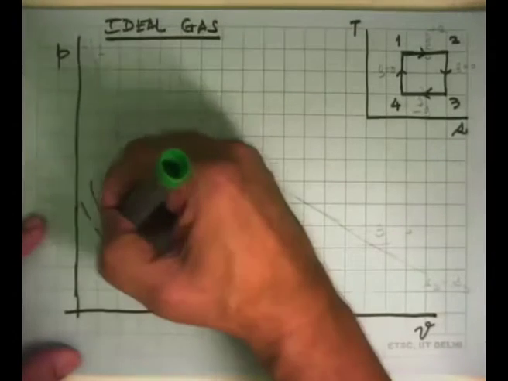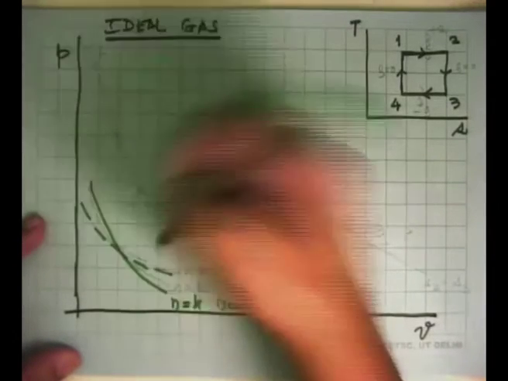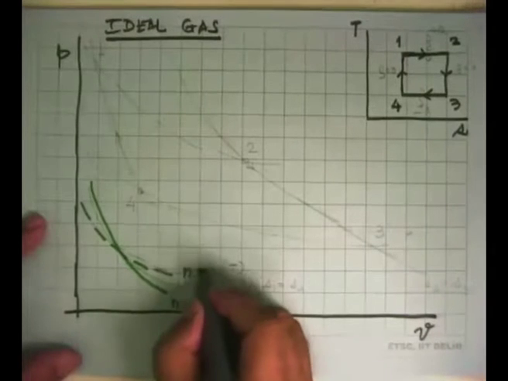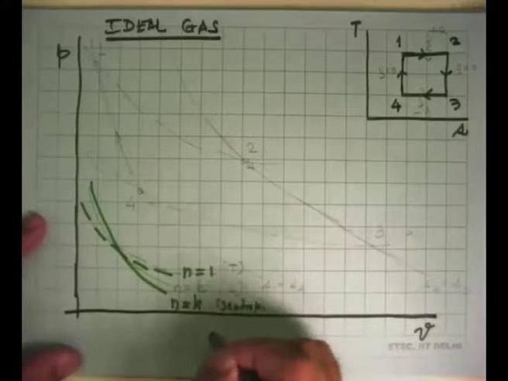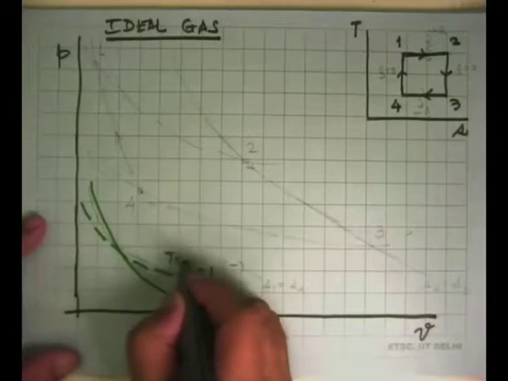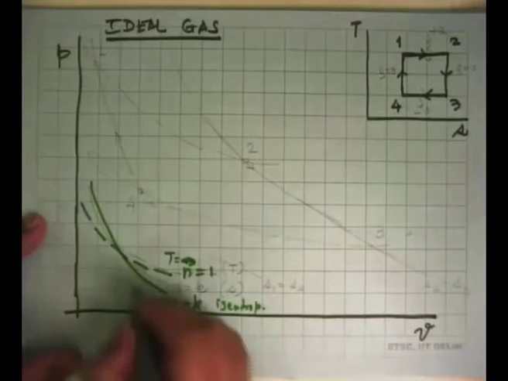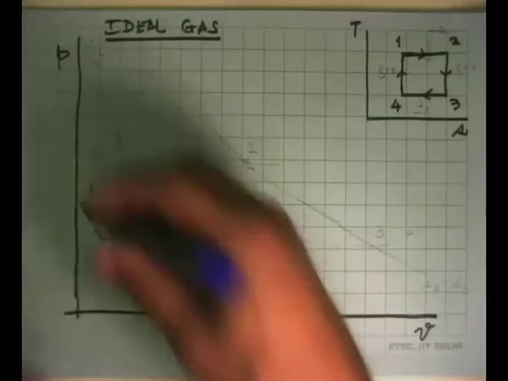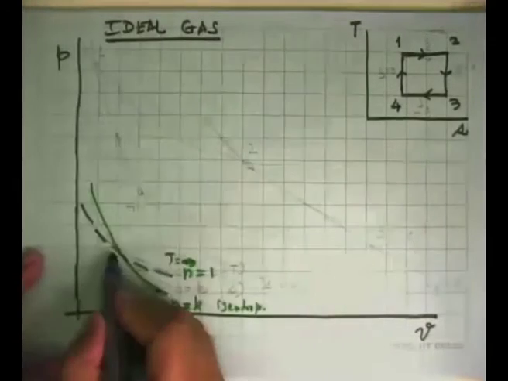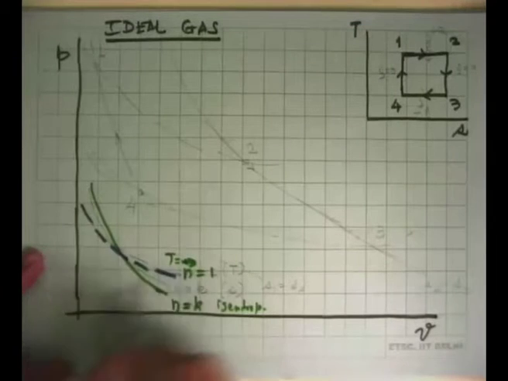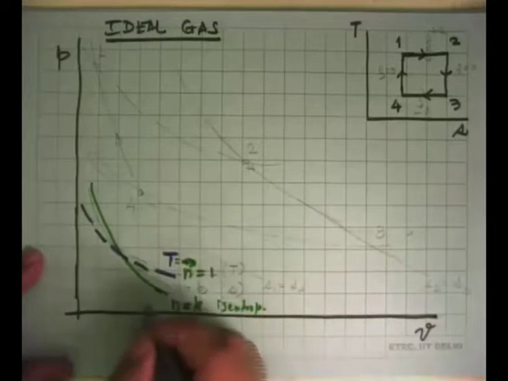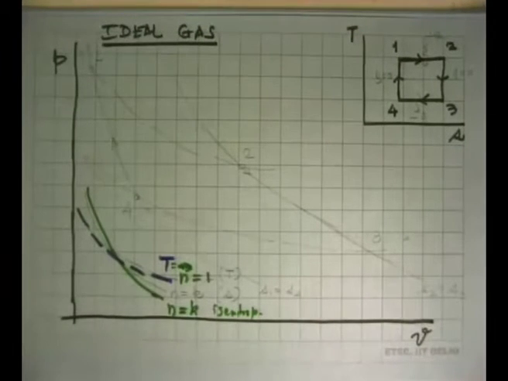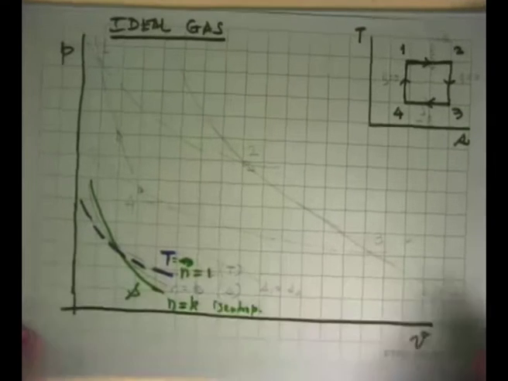And a line like that will be n equal to 1, which is the isothermal process. This is S constant, that is T constant. So we can put these two lines. This is isothermal, and the other line is isentropic.